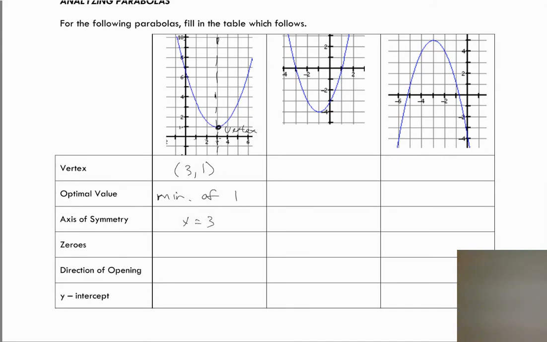What are the zeros? Well, interesting enough, look, it comes down, but it never touches this line. So we have no zeros, which is possible. And the direction of the opening is up, so we know we're going to have a min.